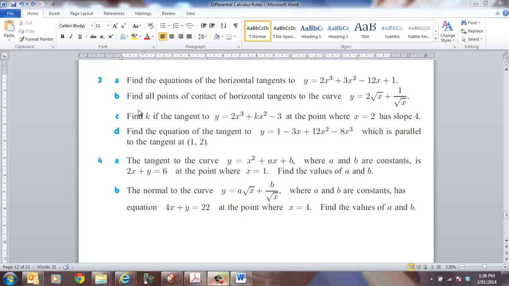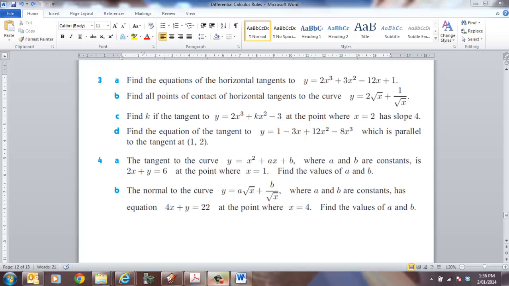Now, just looking at the first question here, 3a, find the equation of all horizontal tangents to this curve here. Again, the process there is to find the equation of a tangent. You need to know the point it goes through, you need to know the slope. Well, we've been told the slope because we know that's equal to 0.